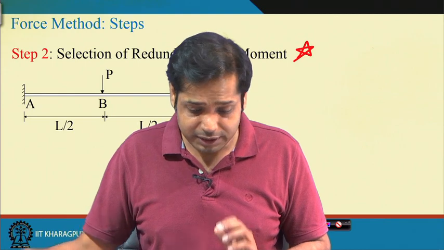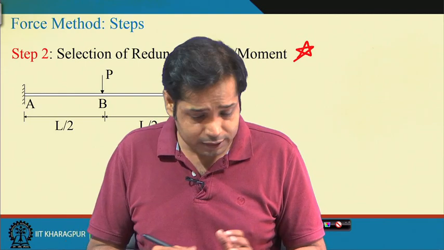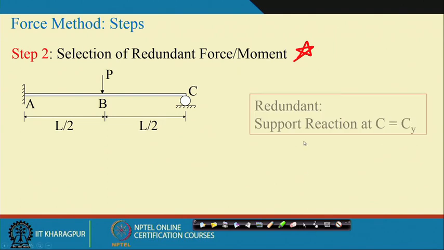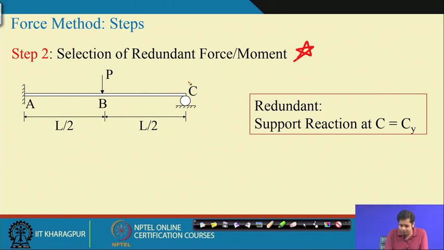Okay. So, in this case there are 2 possibilities for choosing the redundant force. One is to take the support reaction here as the redundant force. You see, it is a propped cantilever beam. Had it been like this, and then we have a load like this.